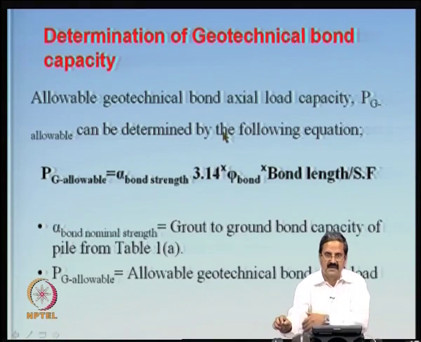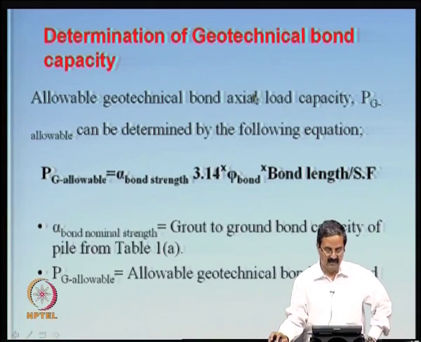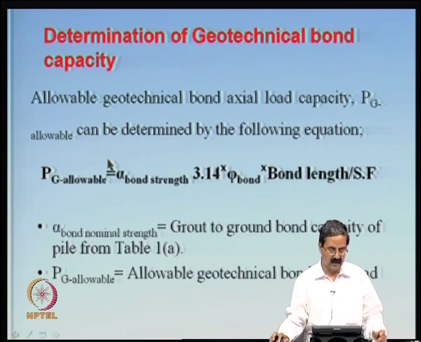Here what is important is that because of the grout, axial load carrying capacity is obtained, and because you are putting a column of grout, how do you get the allowable load on the grout? It is alpha, the bond strength, times pi, times the diameter, and then the length of the micropile.